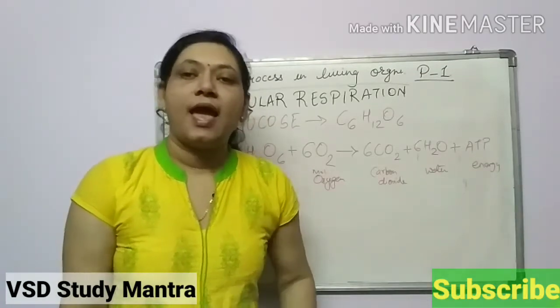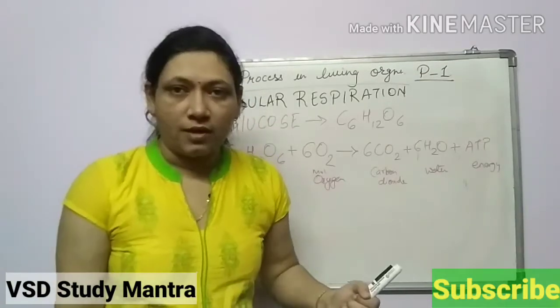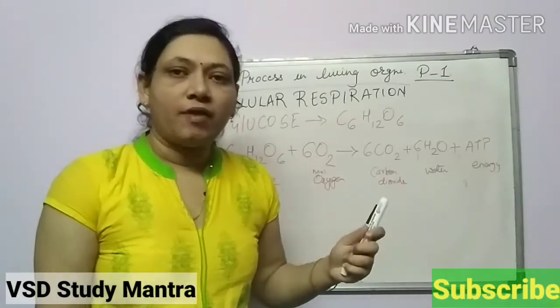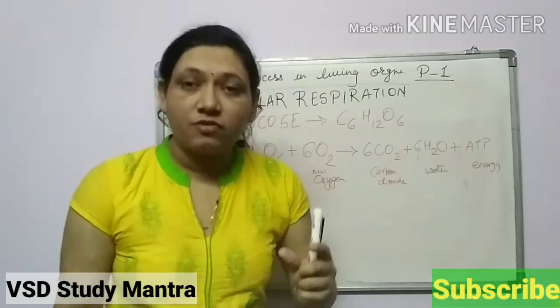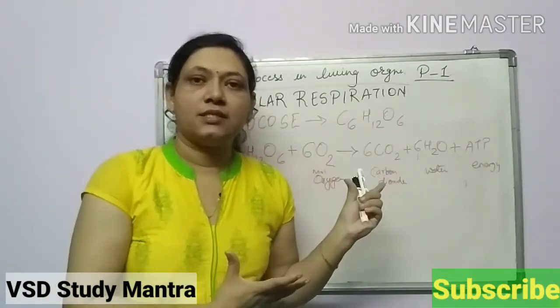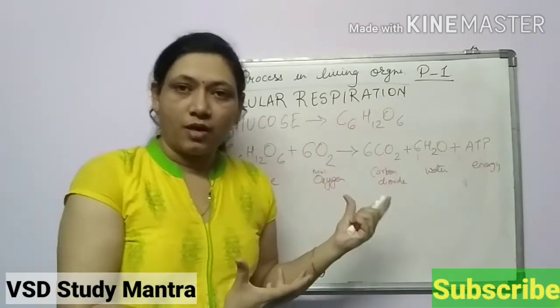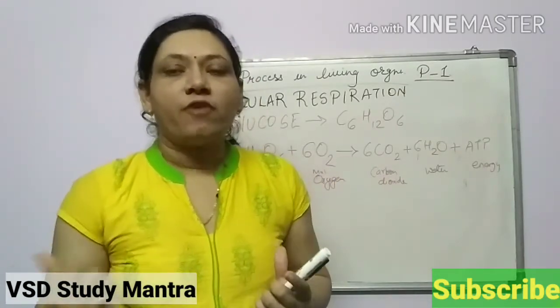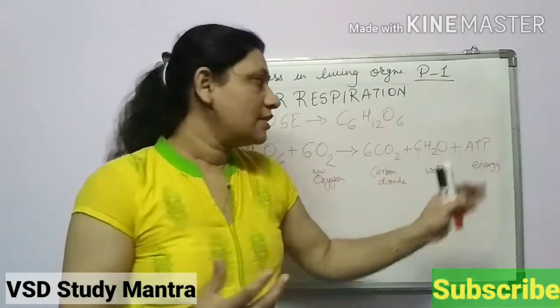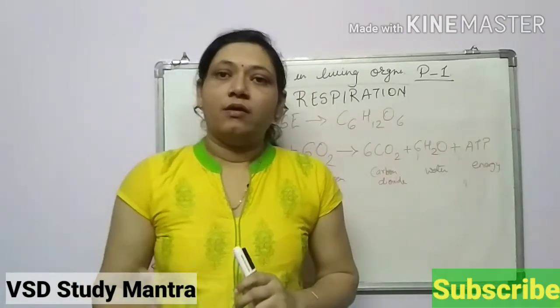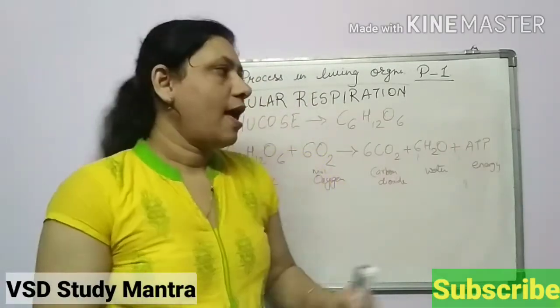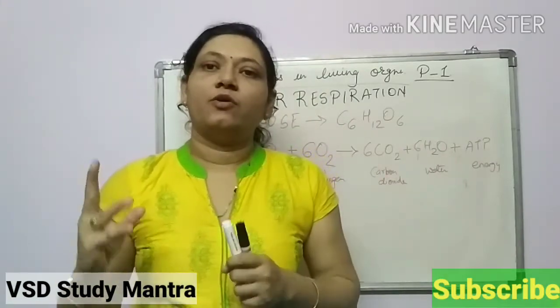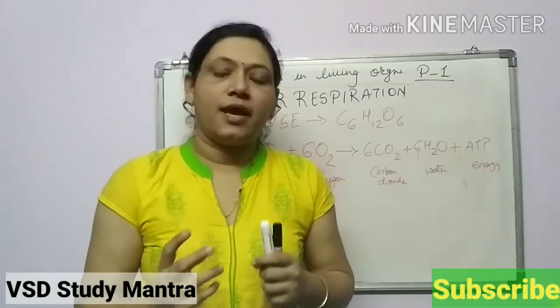ATP means what? Adenosine triphosphate. It is the energy which is released after this reaction. I will split this also. Adenosine has the pentose sugar which is ribose, and triphosphate is 3 groups of phosphate.